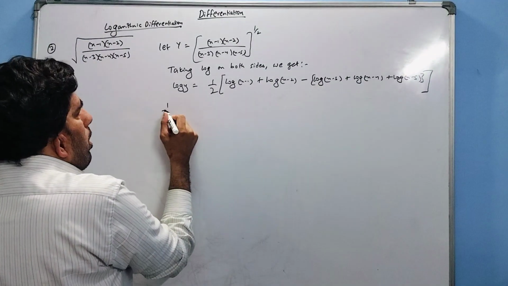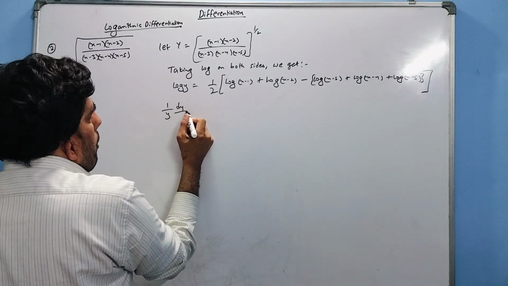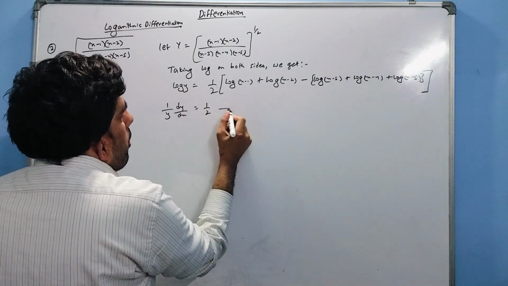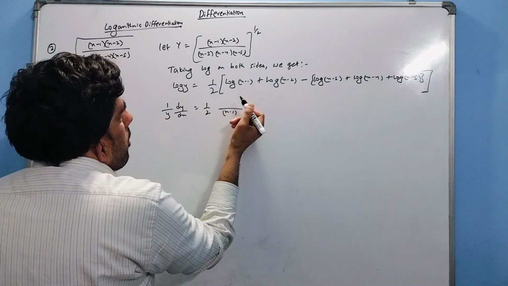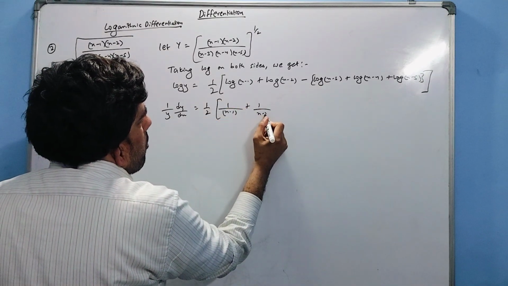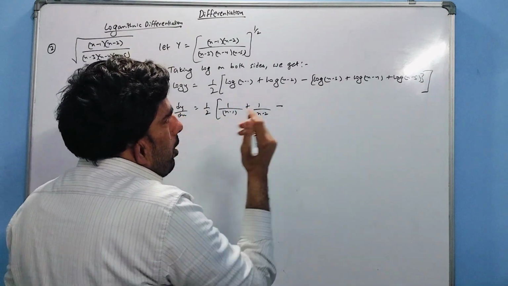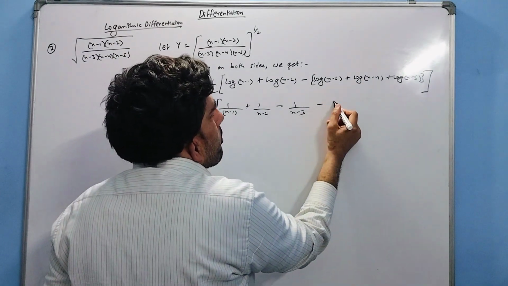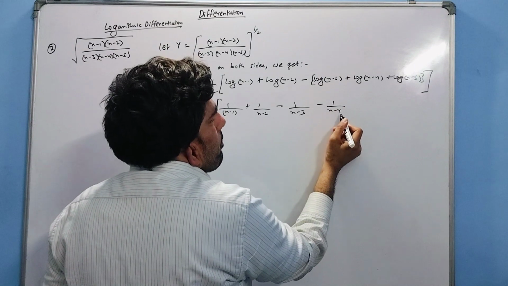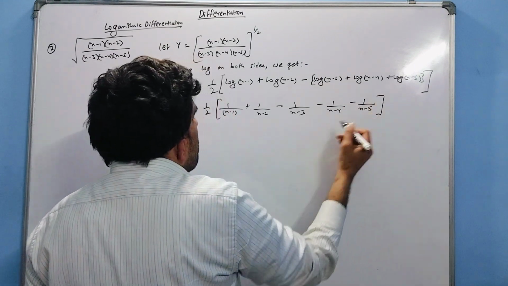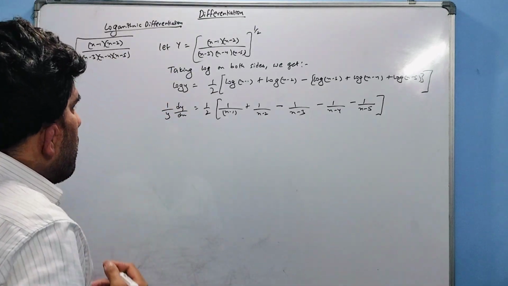So now what we have, 1 upon y dy upon dx is equal to half of 1 upon x minus 1 plus 1 upon x minus 2 minus 1 upon x minus 3 minus 1 upon x minus 4 minus 1 upon x minus 5. We have this.